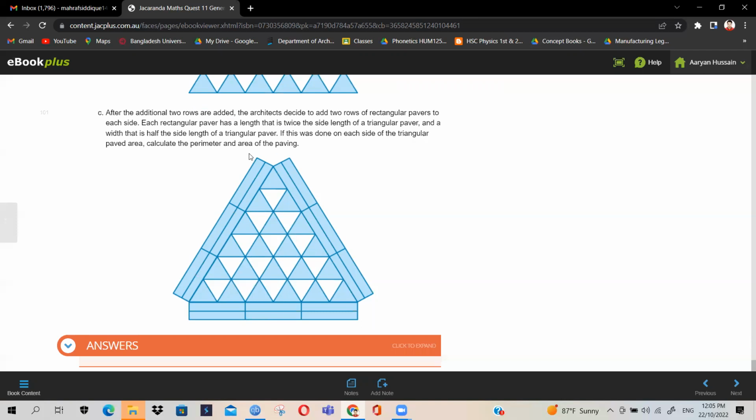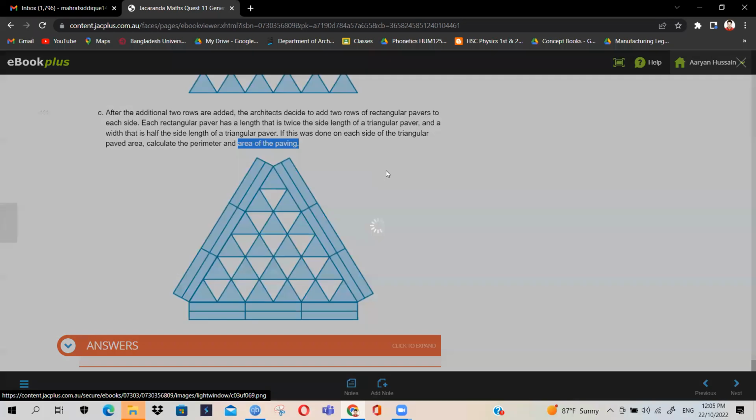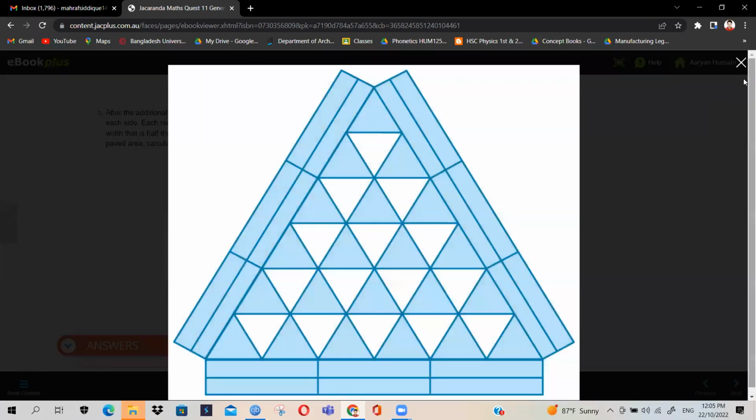Perimeter and area of the paving. Wait, what? Are you serious? Area of the paving of only the shaded part? Oh, okay. I thought it was a little more difficult.